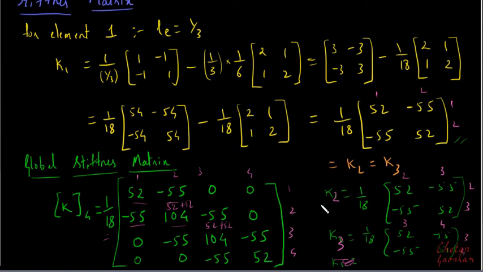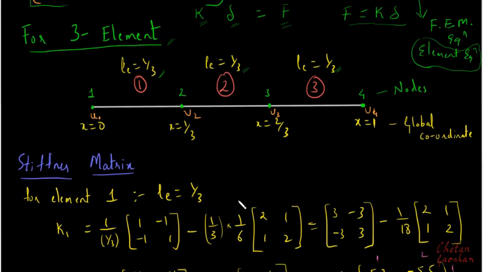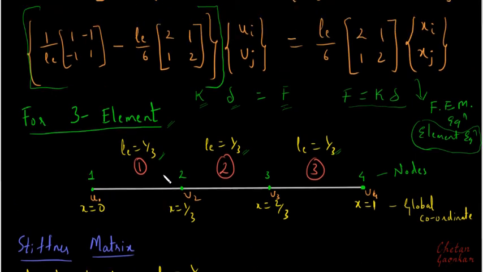So this is how we can combine the element level stiffness matrices to obtain the global stiffness matrix, which is nothing but the stiffness matrix of the entire domain. So I have been able to evaluate the stiffness matrix for this entire domain by calculating the stiffness matrix for each element first and then combining them to get the global stiffness matrix, which will be applicable for this entire domain.